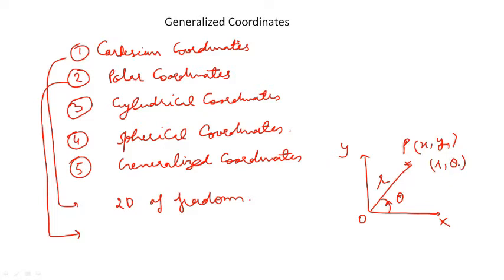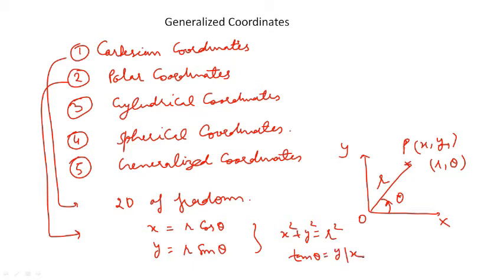And you also know that there is a relation between the Cartesian coordinates and the polar coordinates, and that is x equal to r cos theta and y equal to r sin theta. Or you can find a relation also, x square plus y square equal to r square, or tan theta is equal to y over x. So r and theta are the polar coordinates to specify the position of this free particle in two-dimensional space.